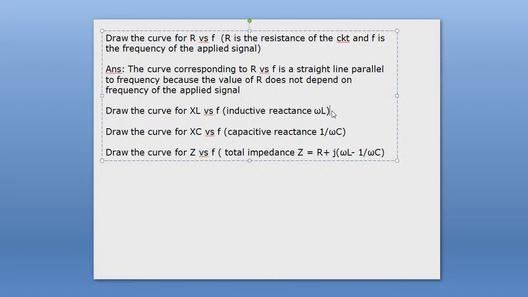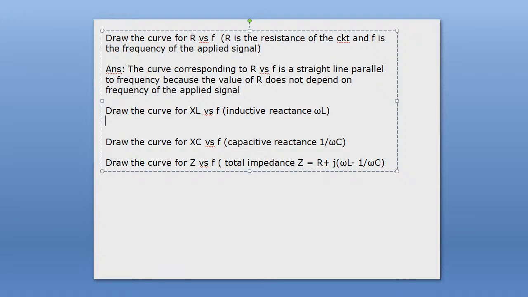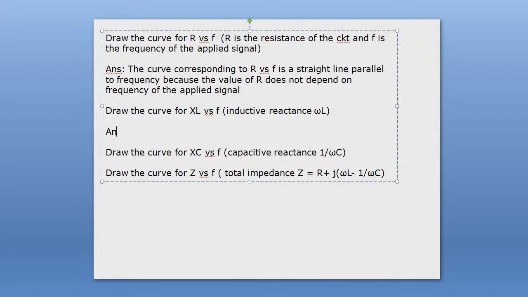So for this case, Saiba, you have made a mistake. XL is linear, right? Right, Nivedita, XL is linear, XC it is exponential, Z it is parabolic. Saiba, you just correct one. XL inductive reactance is linear, because this term is proportional to frequency omega. Let me write here for your better understanding.